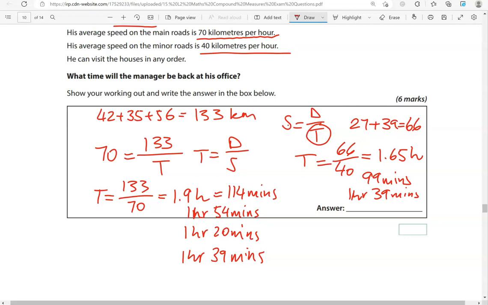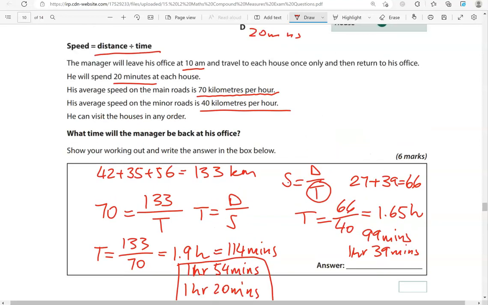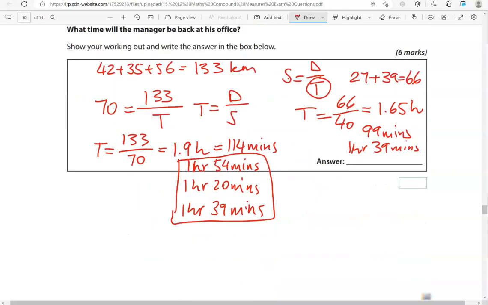So we can add these 3 to 10 a.m. So 10 a.m. if I add 1, 2, 3 hours, that is going to take me to 1 p.m.